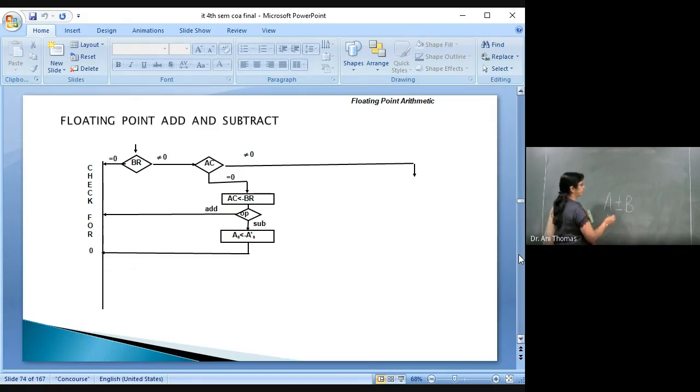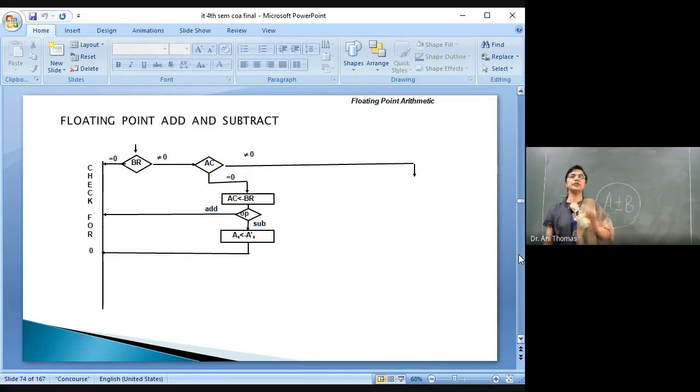So for A equal to 0, we have to store B in the accumulator register, because the accumulator register stores the result. A is 0, so A plus minus B will result in plus B or minus B.